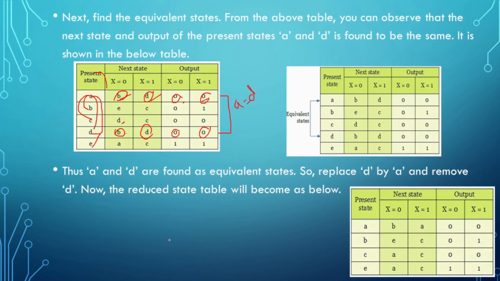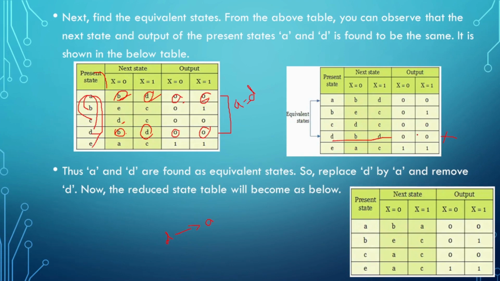Afterwards, you need to replace D with A in that state diagram. Wherever the D is located, you need to fill A in that place, and you need to remove this D state from the state table.